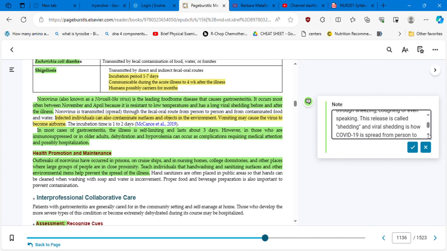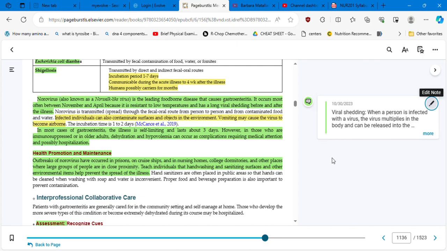And viral shedding is how COVID-19 is spread from person to person. How long a person who has COVID-19 will shed virus is still unknown. That's why I included this explanation in this video, because when a person has COVID, they are spreading the virus for how long? We don't know. Okay.